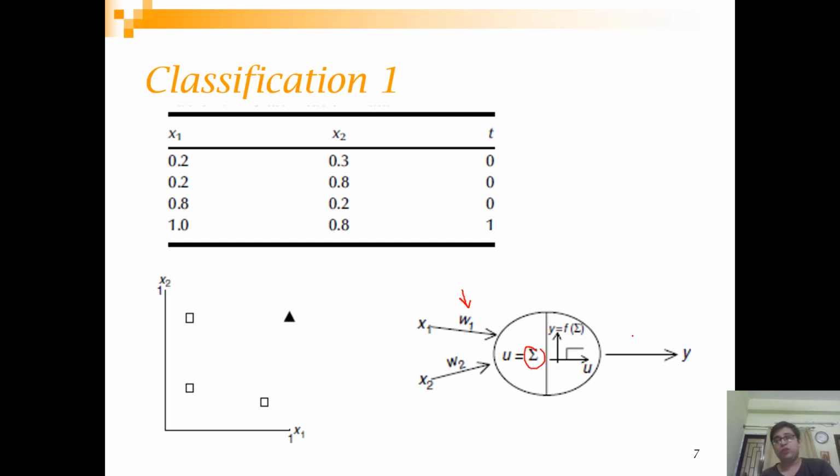After we do that, if for each of these rows it can correctly give the labels as 0, 0, 0 and 1, then this basic model can work as a linear classifier. That's the basic idea, which will of course represent some kind of a line in this scatter plot.